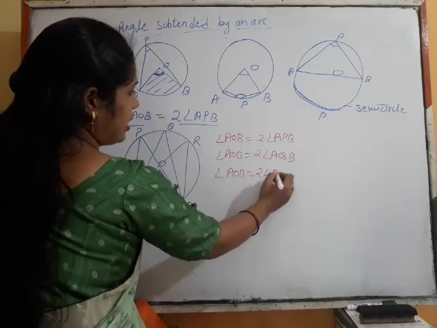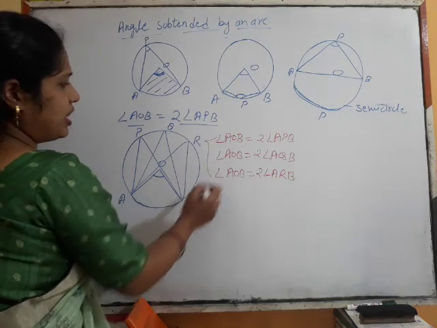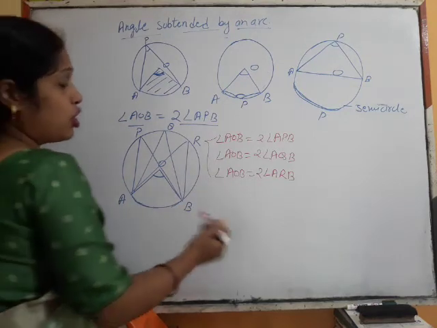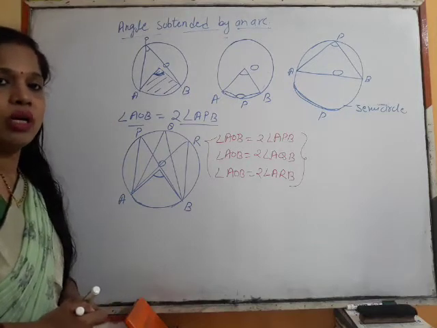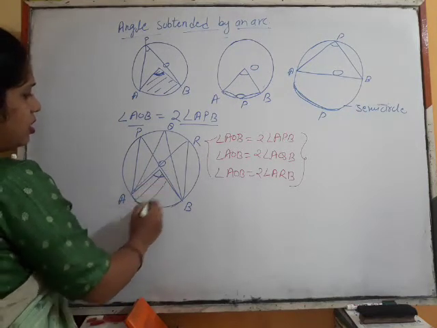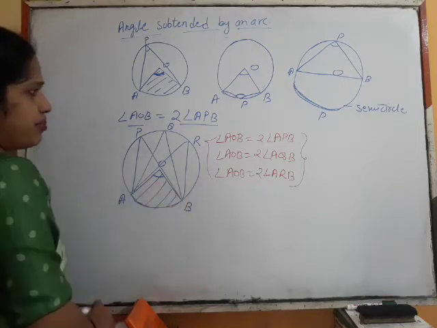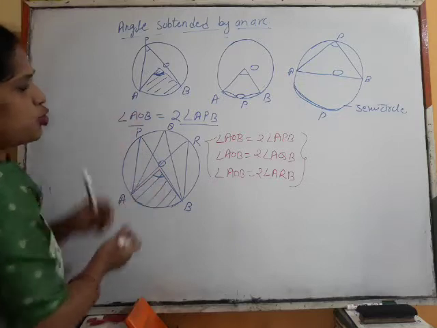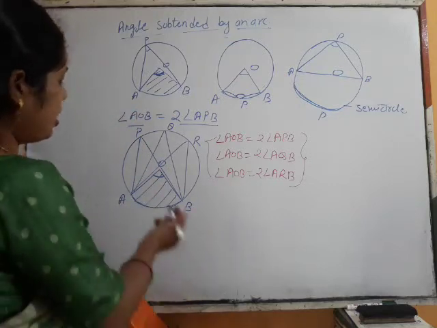So you can see all the left hand sides are equal, so all the right hand sides are also equal. This area is the minor sector and this area is the major sector, so the two parts of the circle relate in that way.